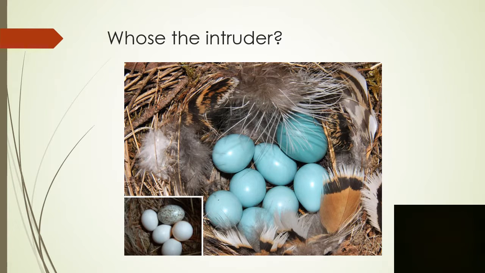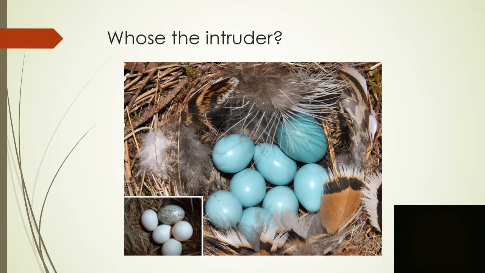In this picture, the blue one is the common cuckoo's egg, and it has infiltrated the redstarts' nest in Europe, the turquoise looking eggs. You can tell that the bigger one is the cuckoo's egg compared to the others, but the color is very similar.